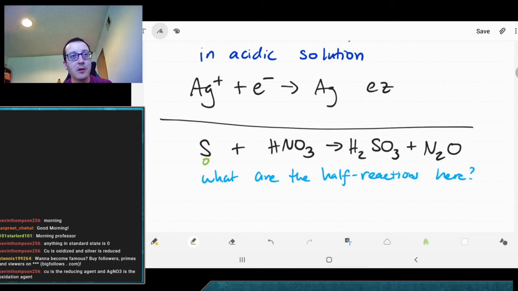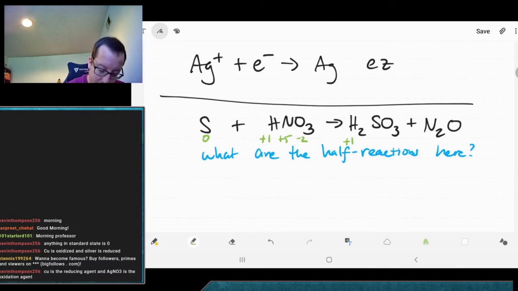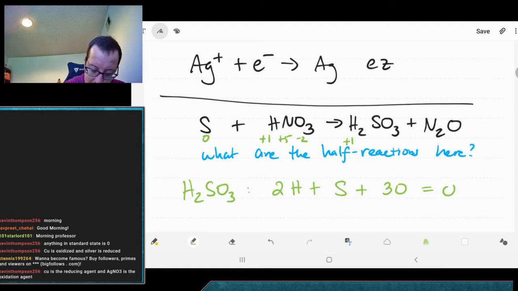One of them we can do right away. Hopefully we see that the sulfur should be 0. The nitrate we already did last time, so that one's done. Here we can do this one for an example: sulfurous acid. That means 2 hydrogens plus a sulfur plus 3 oxygens equals 0.